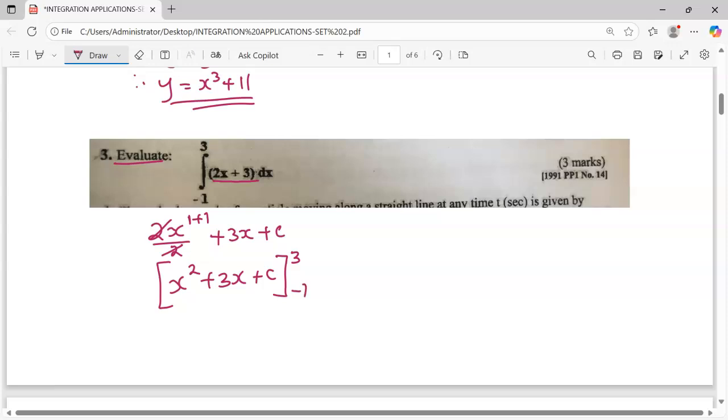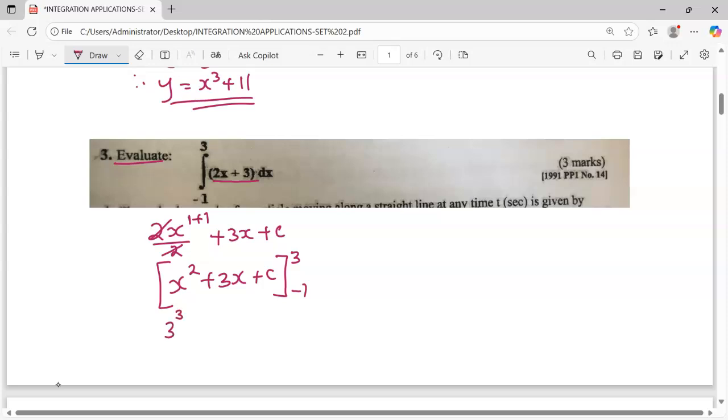So in this case, we are going now to substitute the value of x which is maximum. We substitute the minimum value of x, then we subtract the two for us to get the value of this particular question. So the maximum value of x is 3.